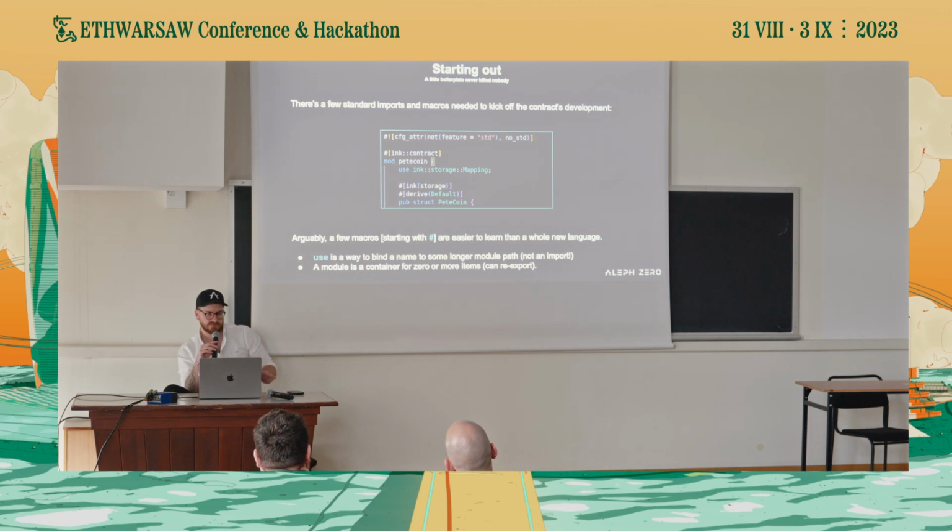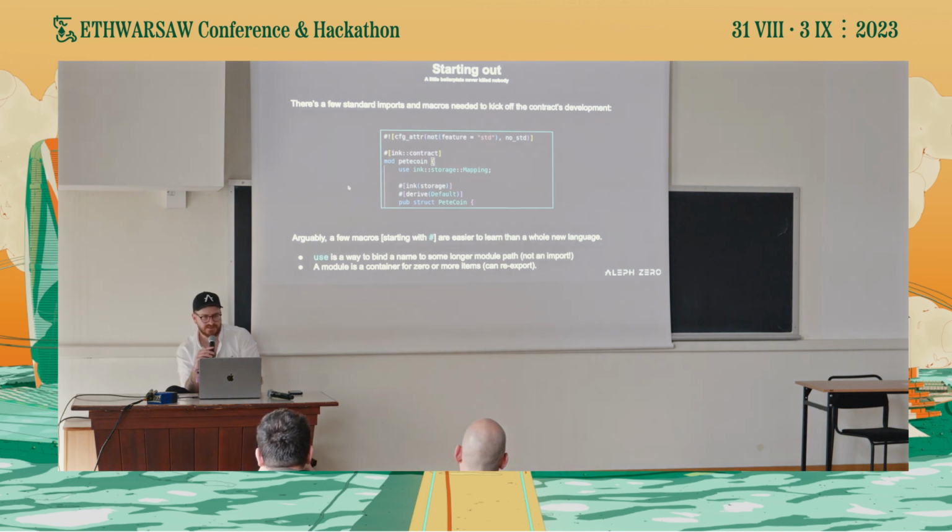So when you start creating the contract, like I said, this is going to be created for you, but still, it's nice to know what this means. You start with the flipper, but you start inputting your own logic. So at least it's useful to know what not to change or delete. So the things with the hash or the pound signs are macros. They are not comments, for those of you coming from Python. The line at the top basically tells the compiler not to include the standard library because ink! has its own prelude with some primitives.